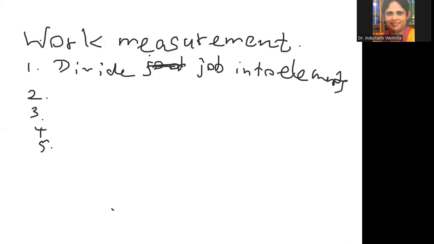Good work measurement is also a good management system, because it reduces labor cost, increases productivity, and improves performance appraisals, planning, and scheduling, right? And also work measurement enables the development of realistic work schedules through an accurate assessment of human work compared to plant capacity of production and maintenance planning.